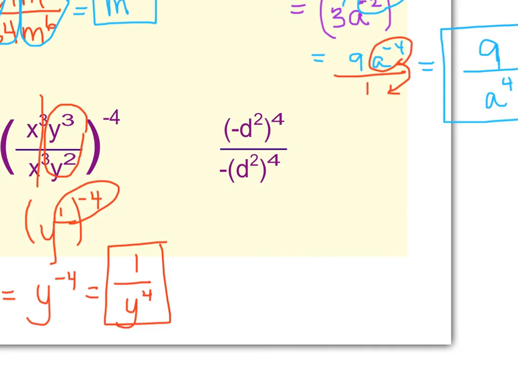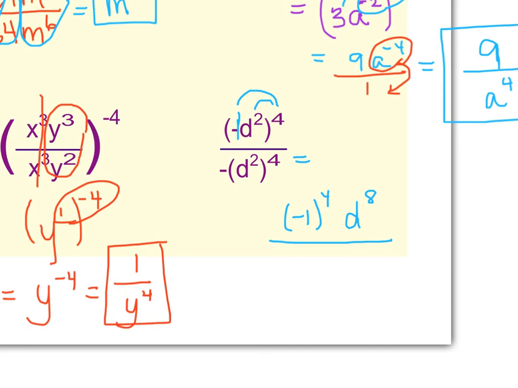So, do you see this negative d squared? There actually is a number in front of your d squared, and that is a negative 1. So you have to bring the 4th power into the negative 1. So it's a negative 1 to the 4th power. And you also have to bring it into the d. So you're going to have d to the 8th because you're multiplying your exponents.